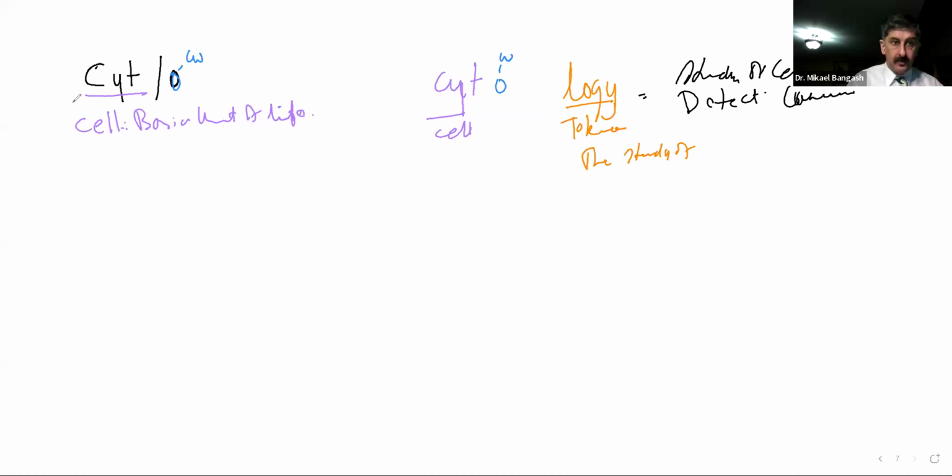Now, although cyt is used as a root word, the word cyte or site can also become a suffix. When we use it as a suffix, it becomes site, which means cell.